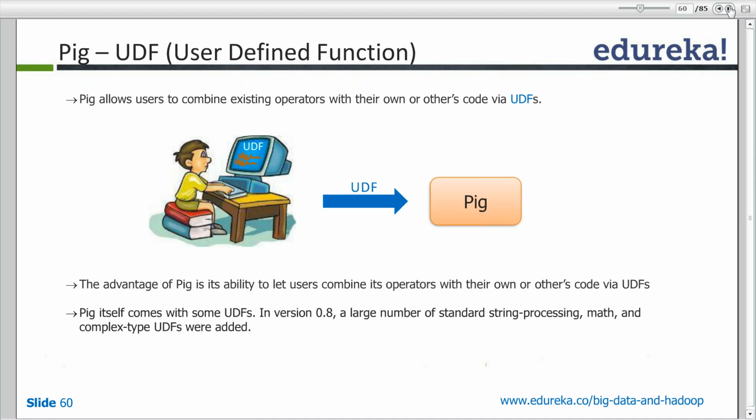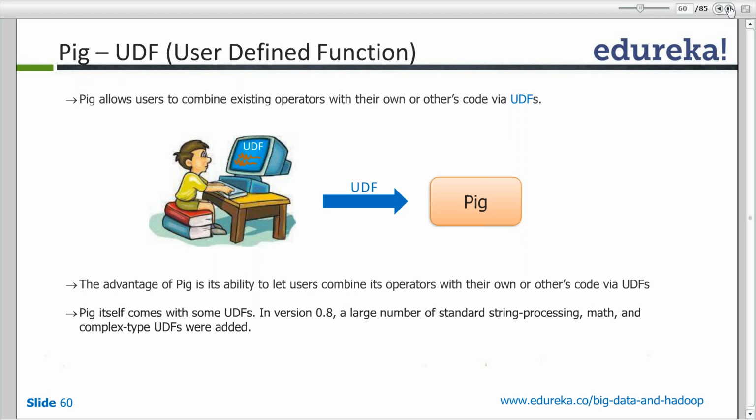What Apache did, it basically collated all the UDFs from all the people, created a huge big jar, and it is giving it out freely. So if you talk about UDFs, you have lots of inbuilt UDFs. You can create your own UDFs and you can use UDFs created by others also.